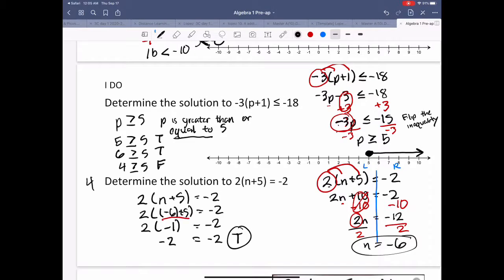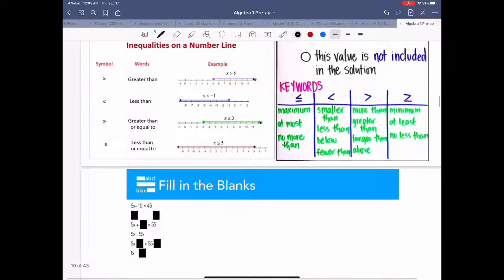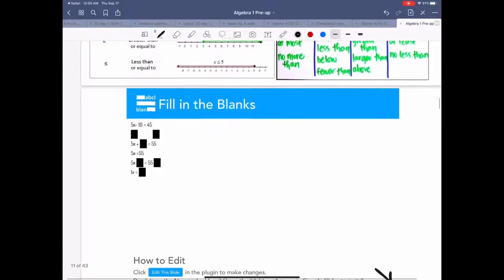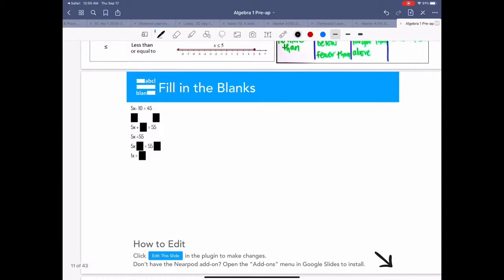So to review your procedures, you will want to first simplify the left and right expressions. That means the distributive property and combining like terms.